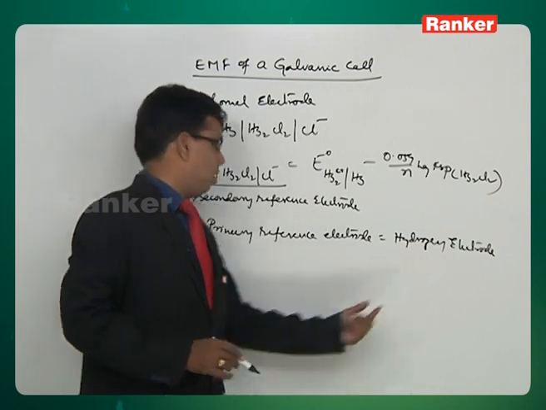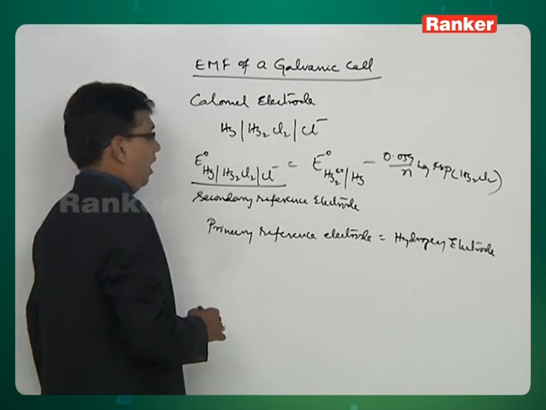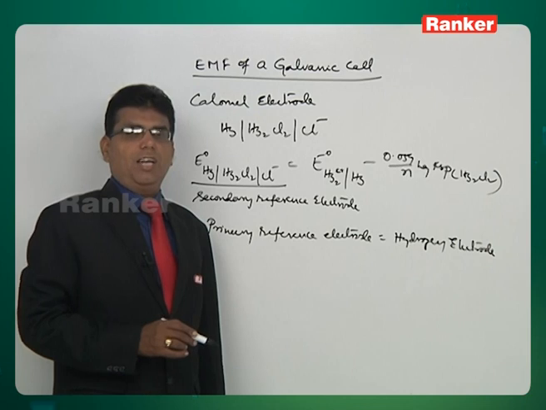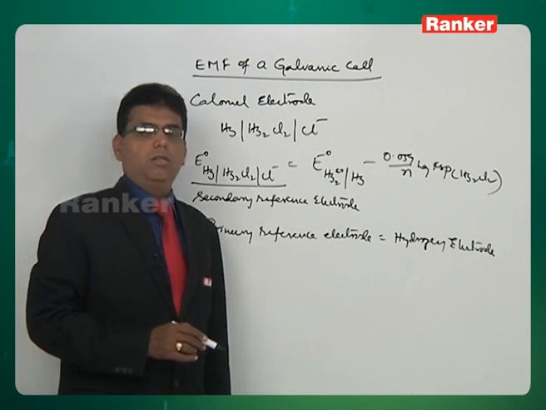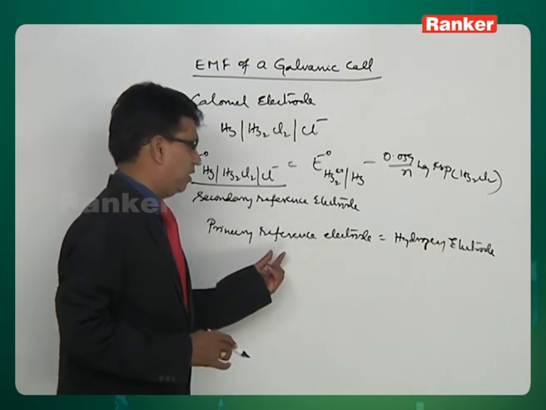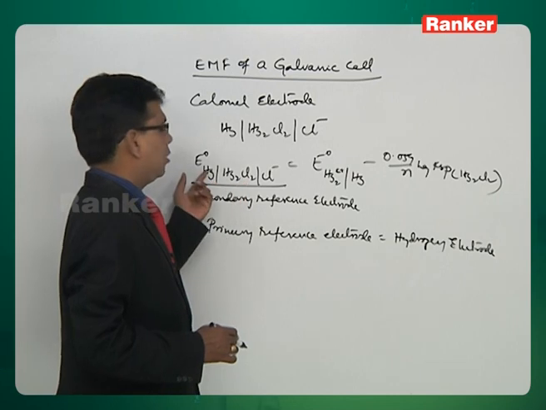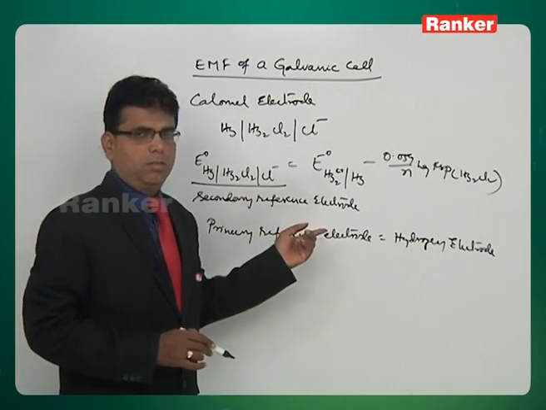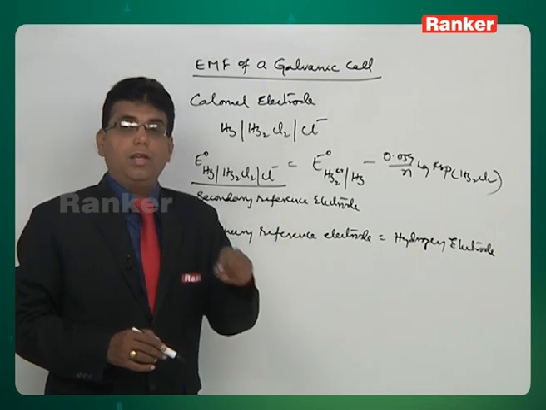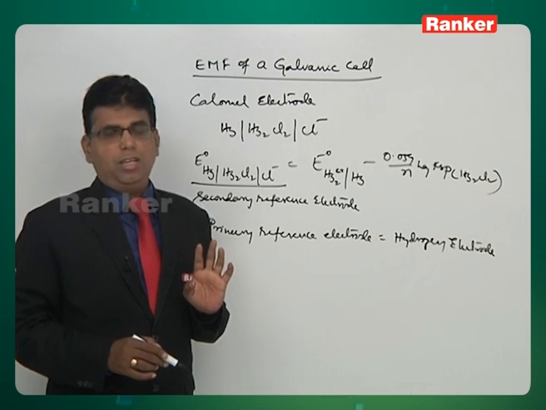One such secondary reference electrode is the calomel electrode, and other secondary reference electrodes are the quinhydron electrode and the glass electrode. Those we will see later, but this is the calomel electrode. Its E naught is determined and used as a reference to determine the EMF of any other single electrodes in the laboratory.